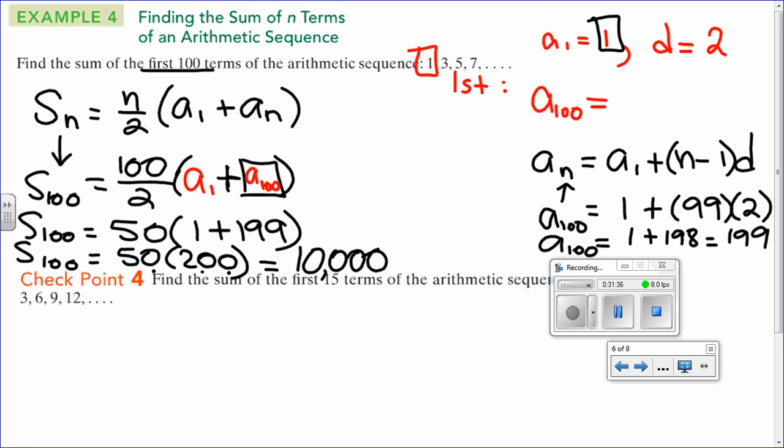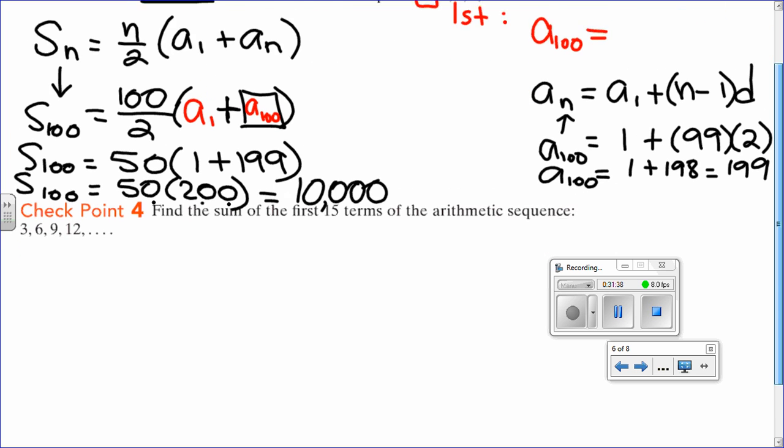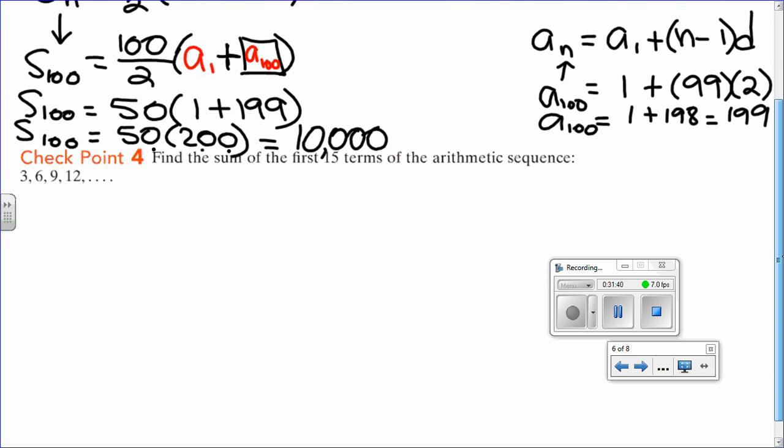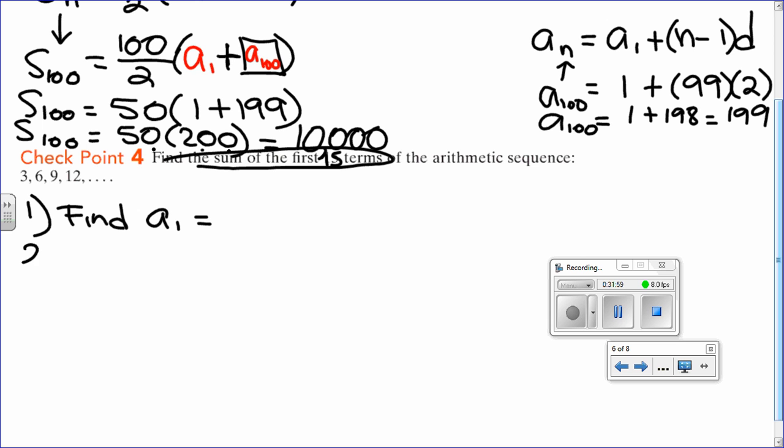Yes. Okay, so now I'm going to just tell you the steps you need to take, and I want you guys to practice finding that. So in this case, we need to find the sum of the first 15 terms. So number 1, find a sub 1, which is given to you, right?